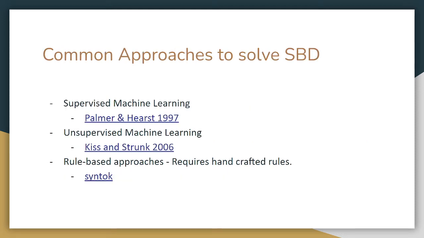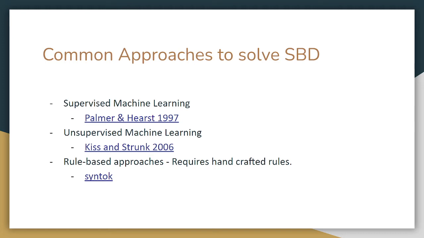The common approaches to solve sentence boundary disambiguation include supervised machine learning, unsupervised machine learning, and rule-based approaches. And these are some of the references for each of these approaches.